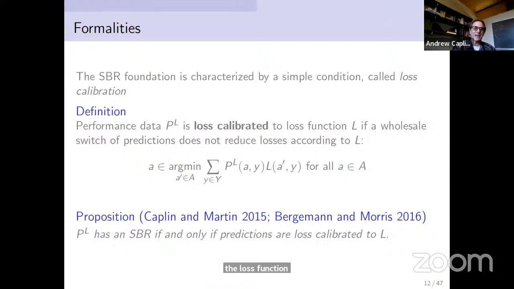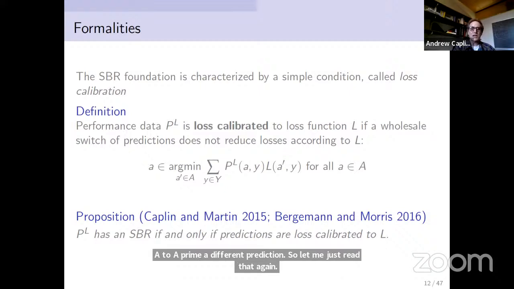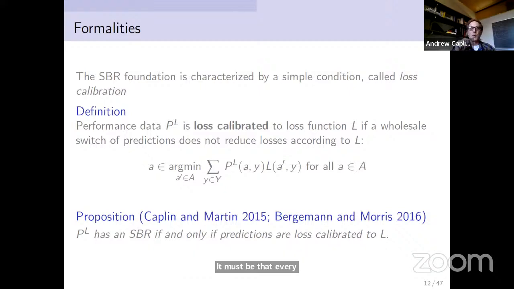So let me just read that again. It must be that every prediction A that you made was among those that would have minimized the expected losses given essentially the data associated with A. So you can't find some wholesale way of switching prediction that reduces your expected losses.